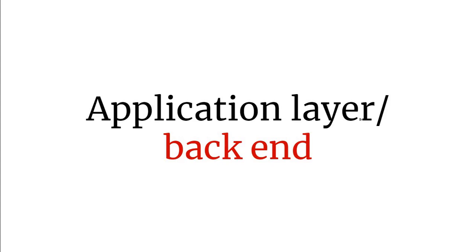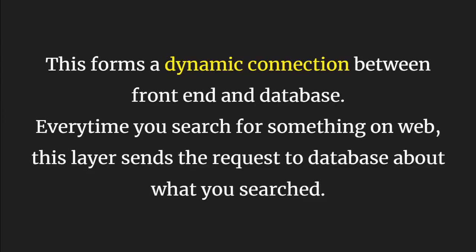Before that, the application layer, that is the back end. Now we have understood what the front end is, so let us understand what the back end is as well. The back end forms a dynamic connection between the front end and the database. Like I told you in the previous diagram with three layers, presentation, application and database, the application layer is responsible for all the requests and responses between the presentation layer and the database layer.